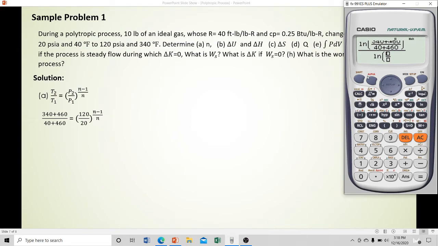So the value we get is equivalent to n minus 1 over n, with 120 over 20.